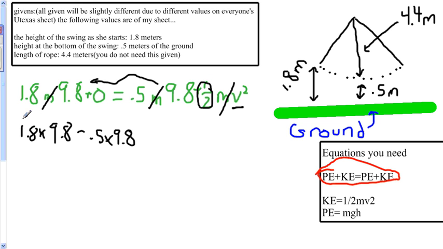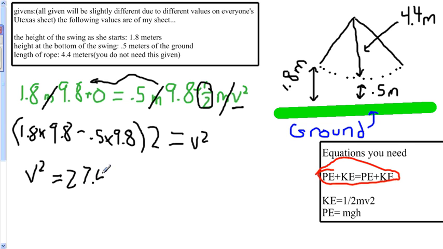To do that, we will multiply the whole thing by 2, and that will give us v squared. We got v squared to equal 27.44. And to get the final velocity, you take the square root, and you get v to equal 5.24. And you've now solved the question.